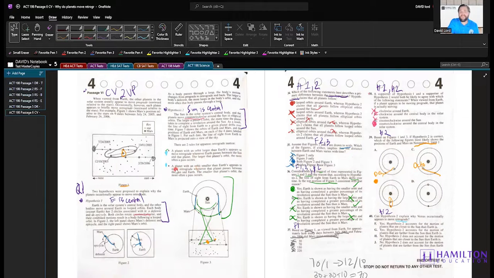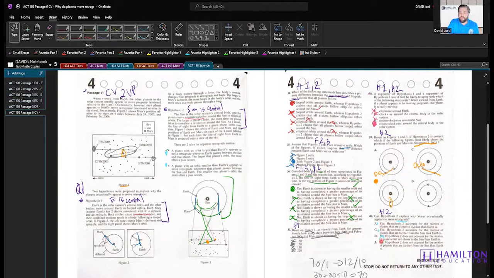And the second one is a planet with an orbit smaller than the Earth appears to move retrograde when the planet passes between the Sun and the Earth. So for orbits greater than Earth or less than Earth, hypothesis 2 can explain it. So that's why the answer is yes.